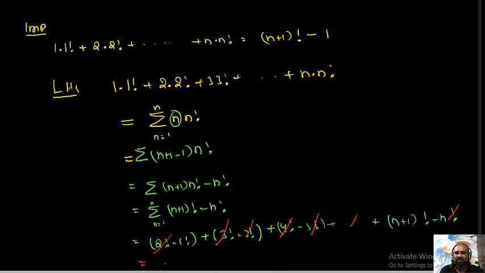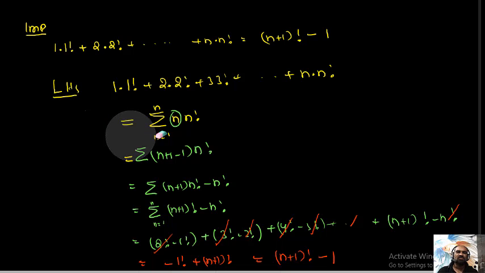Minus 1 factorial plus n plus 1 factorial. So this is n plus 1 factorial minus 1. I hope you understood. So finally, 1 into 1 factorial plus 2 into 2 factorial plus up to n into n factorial is nothing but n plus 1 factorial minus 1.